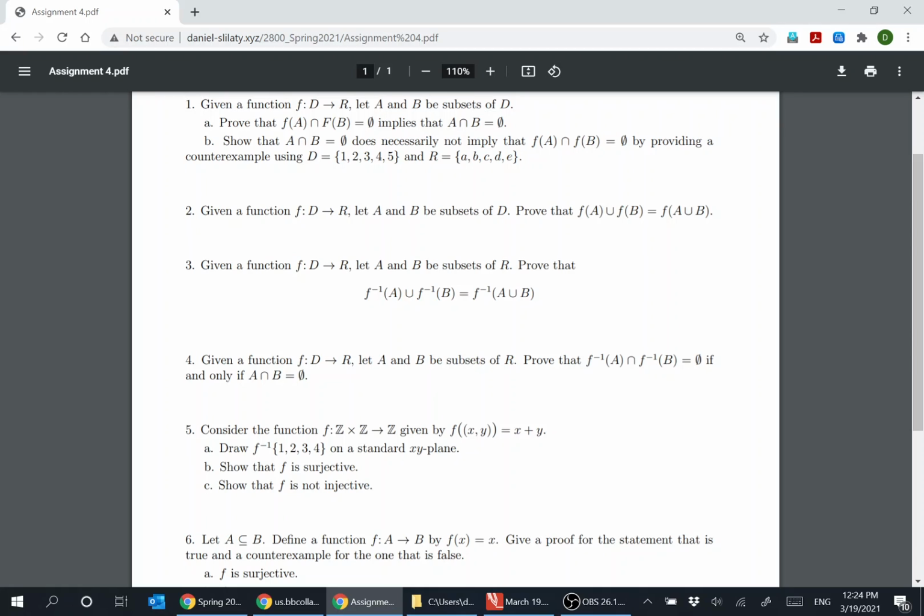Right, so in the standard XY plane, look at the pre-image of just one of those things, the pre-image of the set containing 1, and then draw that, and then the pre-image of the set containing just 2 is similar to it, and just draw the picture. It's a graph, sort of, or a collection of graphs.